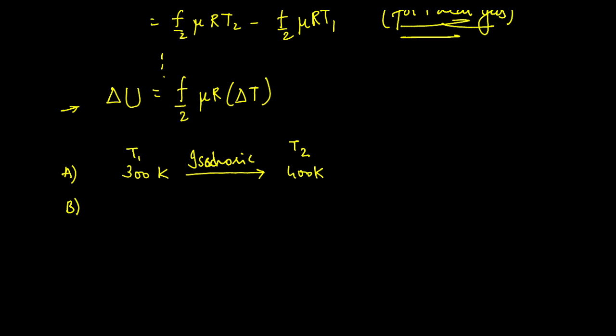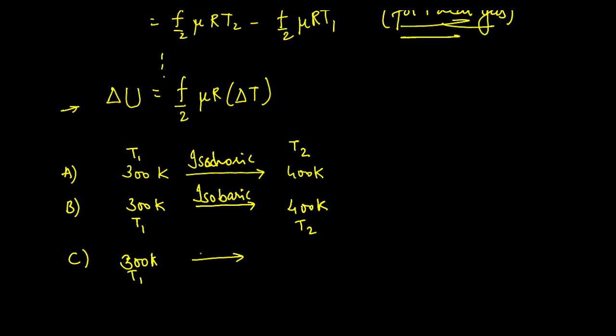Now, in another case, we start from the initial temperature, once again the same 300 Kelvin, and we go to a final temperature for the system, that is 400 Kelvin. But this time, suppose the process is isobaric. Or case C, some random process on an ideal gas. I don't even know its name. Okay, right? Random process. We don't know what process that is. Did you understand? Whatever it is, no problem.